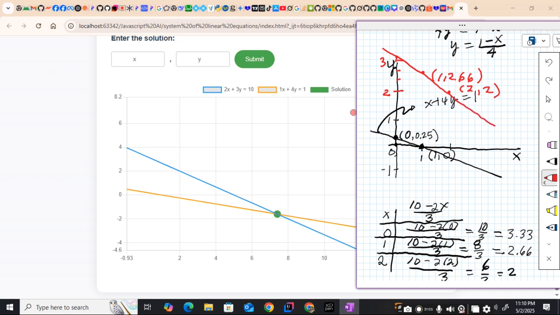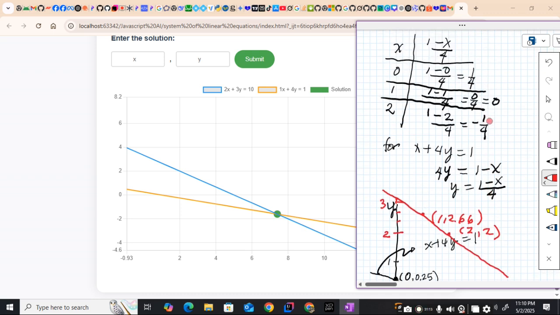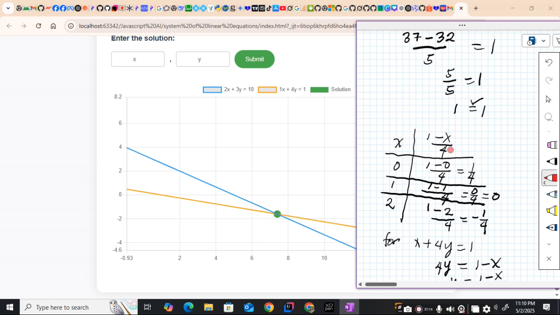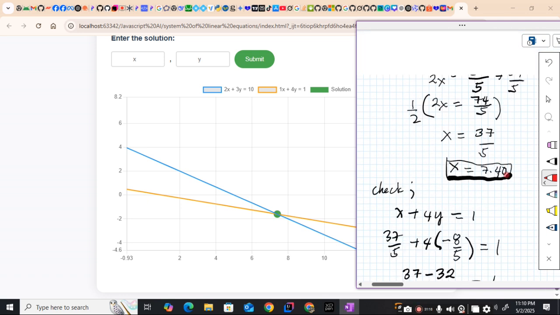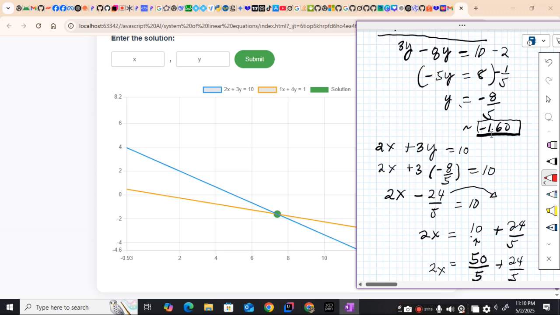As you can see, if we try to extend the lines here, they will intersect. The intersection, we know that already. That's around 7.4 and negative 1.6, as we see here.